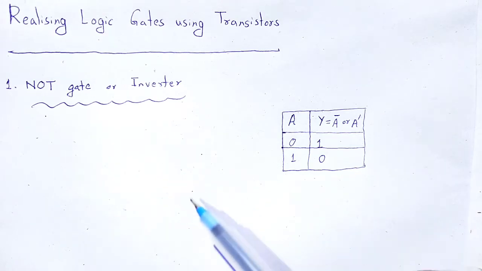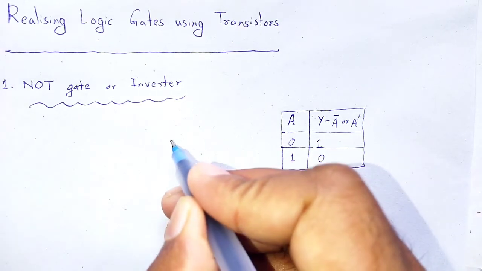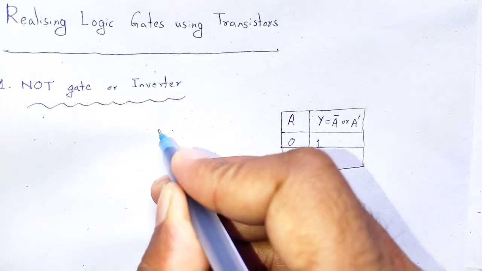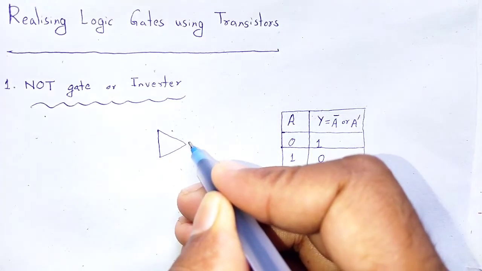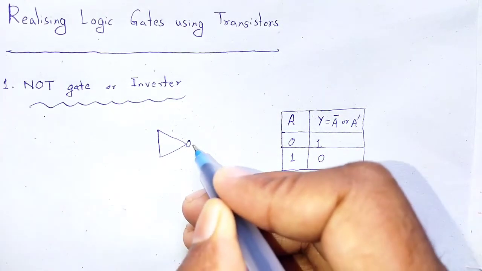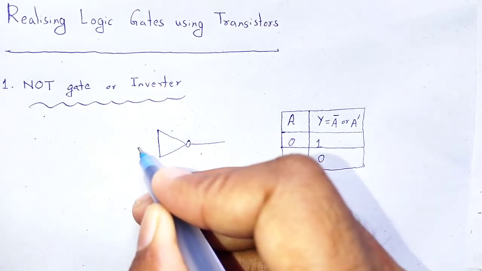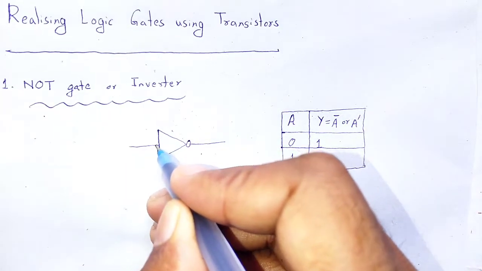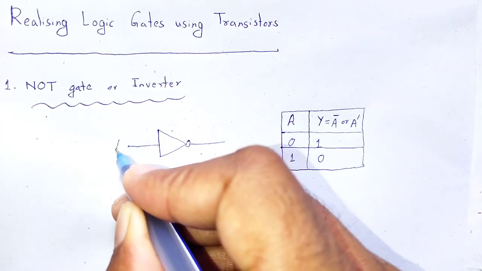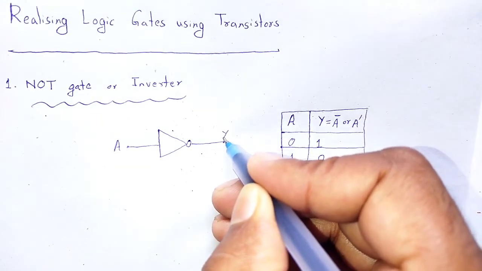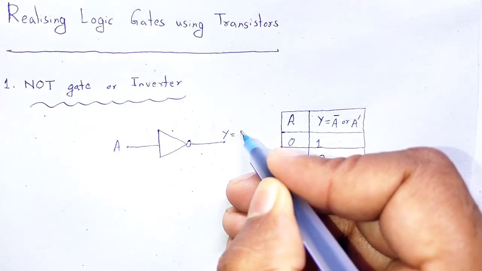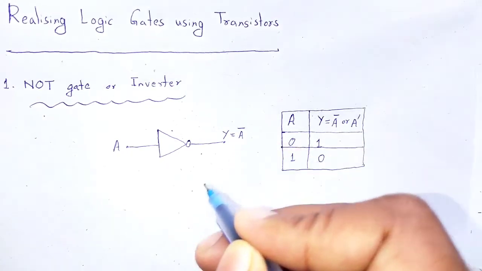And we symbolize it with a triangle and a circle. The input A, we have output Y is equal to A bar.